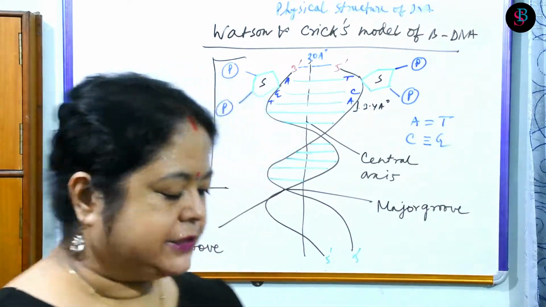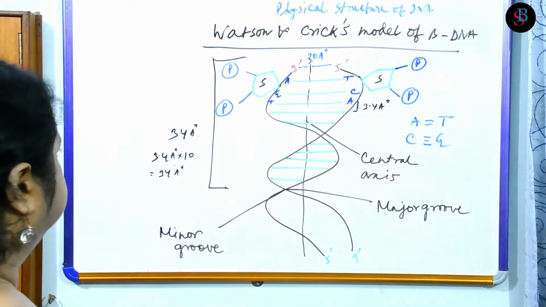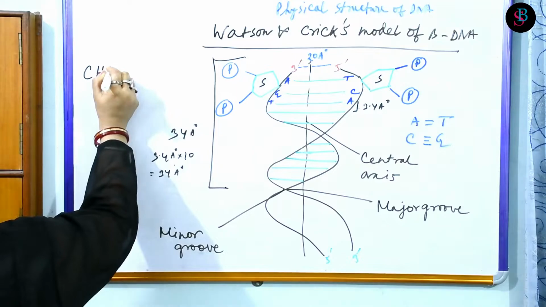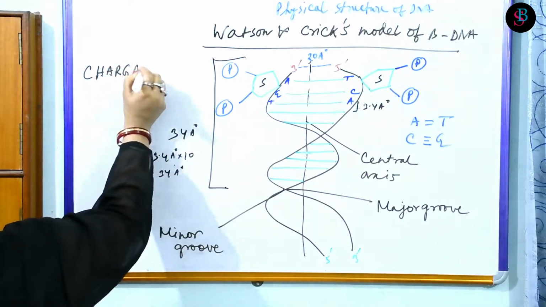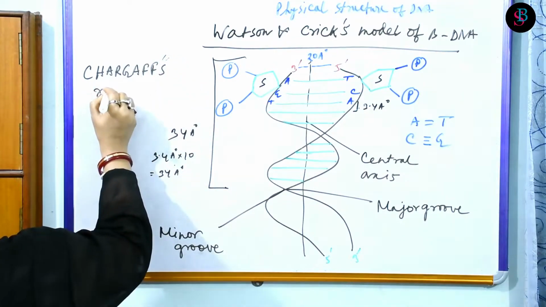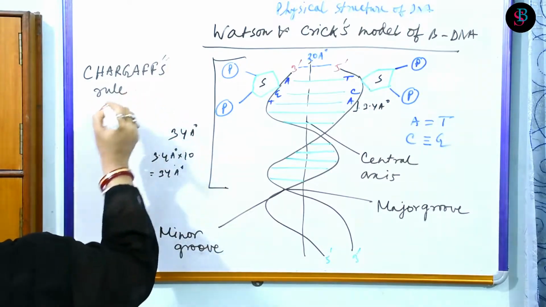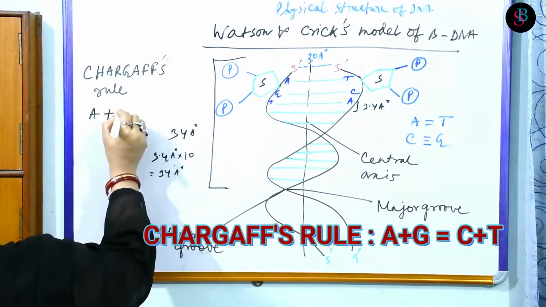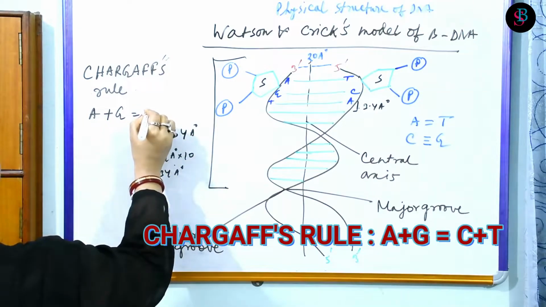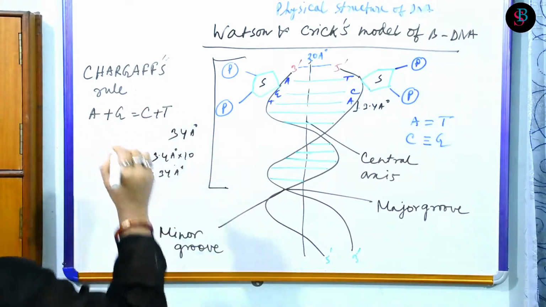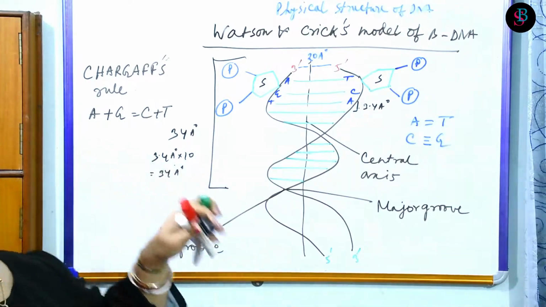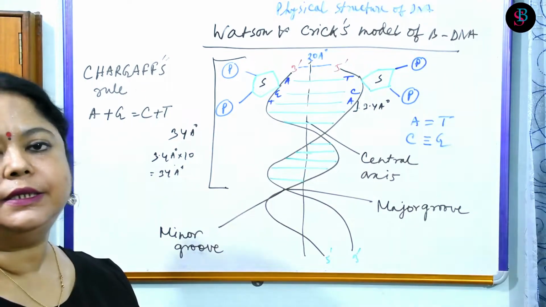And next is Chargaff's rule. According to Chargaff's rule, A plus G is equal to C plus T. That means in a DNA, the total amount of purine and the total amount of pyrimidine is the same, that is in a 1:1 ratio.